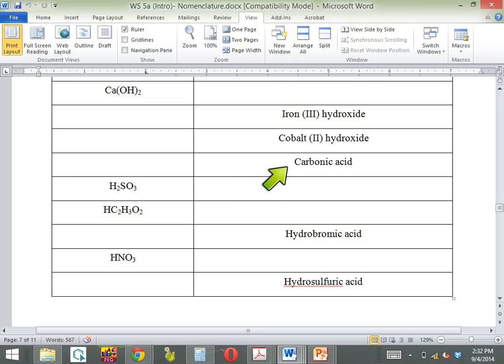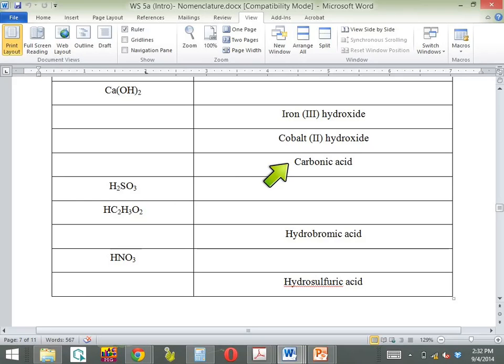This acid name, carbonic acid, does not start with the prefix hydro. This one does. There are acids that contain oxygen and acids that do not. So if it does not start with a hydro, it contains oxygen, and the name is based on the oxyanion.